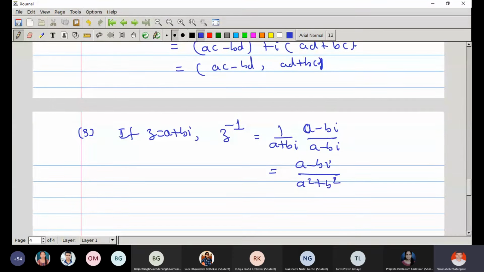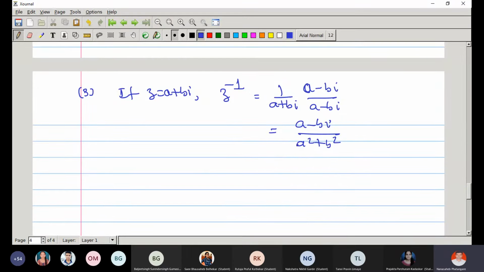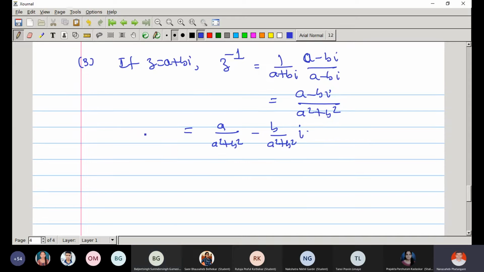Is it correct? Whatever I am writing is correct. This is 1 by Z or 1 upon A plus BI, the multiplicative inverse.